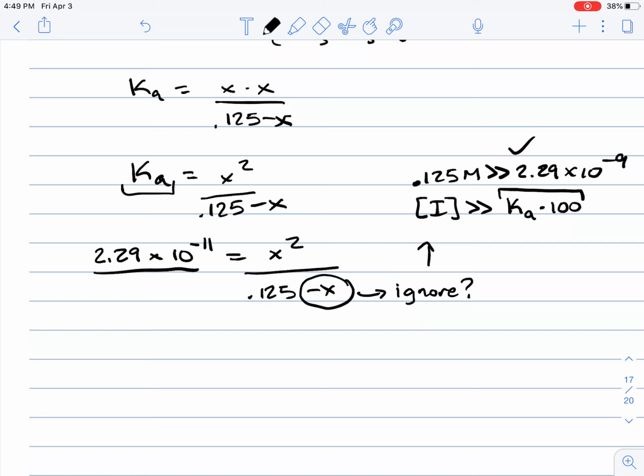It's super true, right? 0.125 is far, far, far, far greater than 2.29 times 10 to the negative 9. And so therefore, the actual change is going to be very, very small. So we can ignore it. So I'm going to say yes. And that allows us to cancel this guy out. That reduces our equation to 2.29 times 10 to the negative 11 is equal to x squared over 0.125.